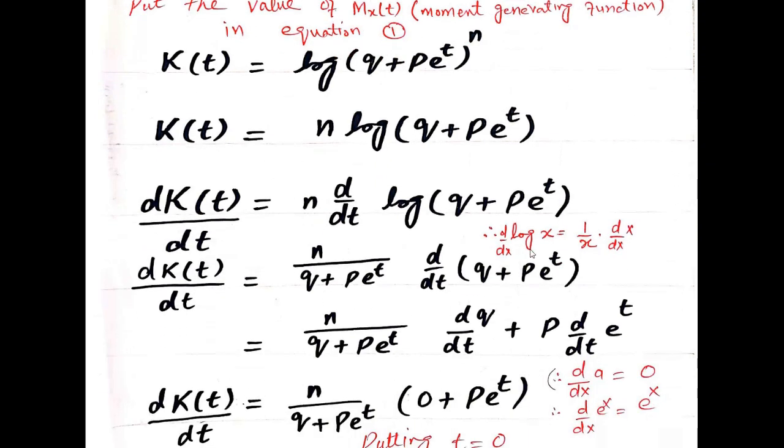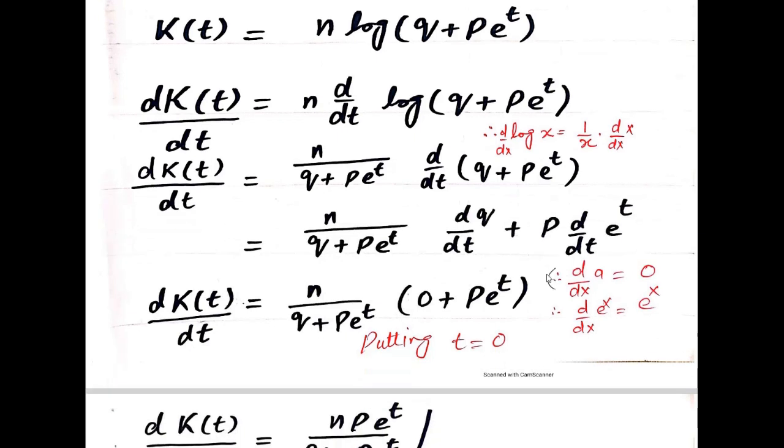The derivative of log x is equal to 1 over x times dx over dx. Again taking the derivative of the log, which is 1 over (q plus p e raised to the power t), times d over dt of (q plus p e raised to the power t). So n over (q plus p e raised to the power t) times d over dt of q plus d over dt of p e^t.